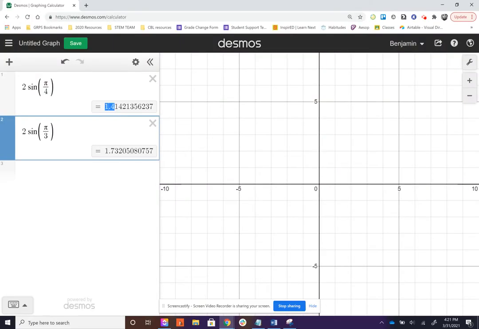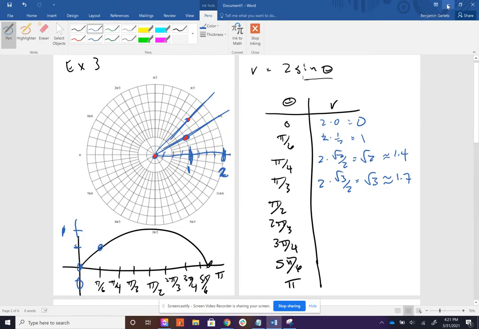Validating that here. 1.7, a little bit more than that, but let's come back here and put that on our graph. So it's going to be right about there. And so we start to see this curve take shape.